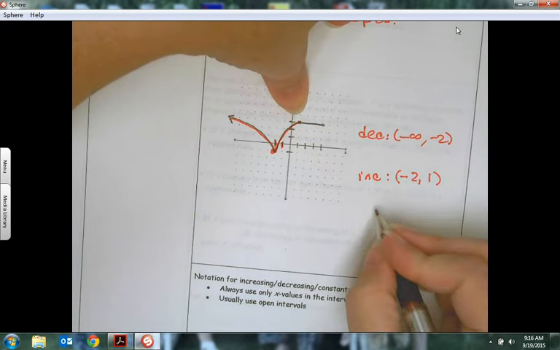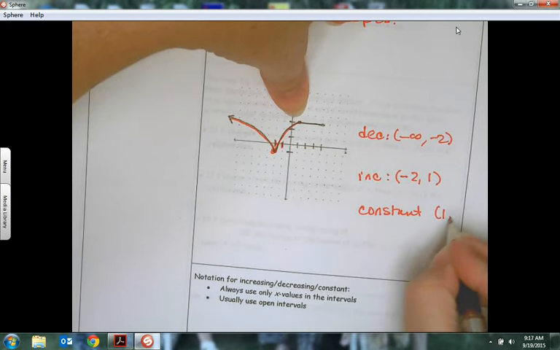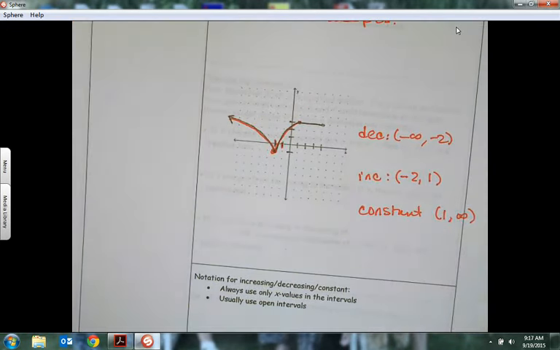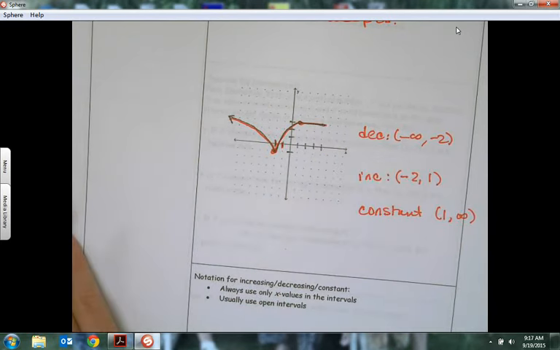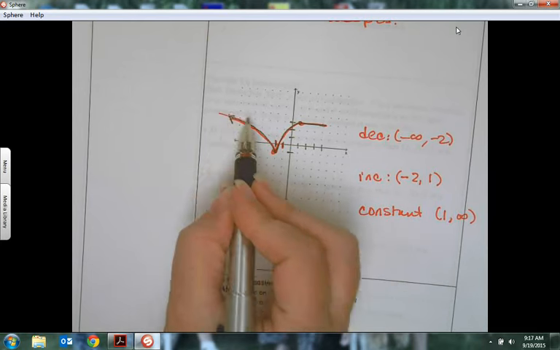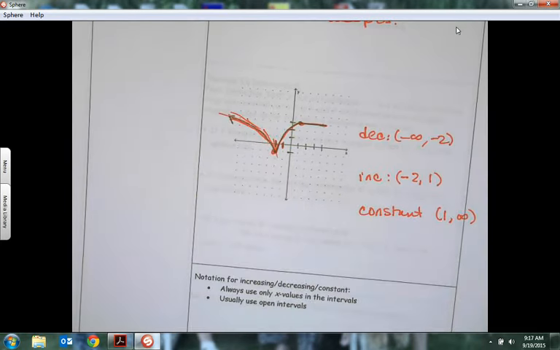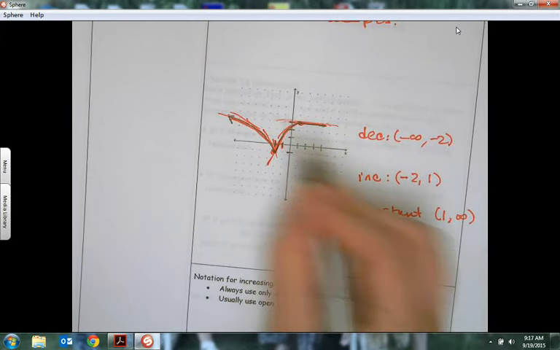And then I'm just constant from 1 to infinity. So again, when I'm decreasing, all the slopes of those little tangent lines are negative. All these slopes are positive, and then constant, I have my slope of 0.